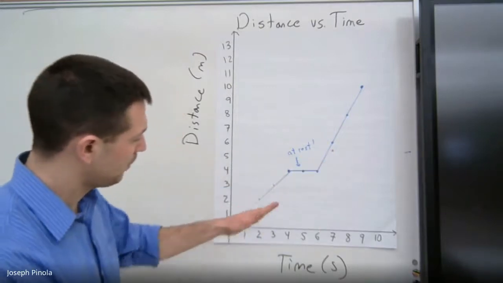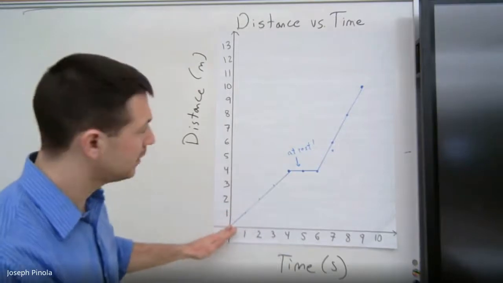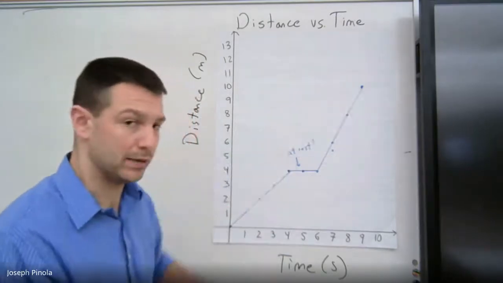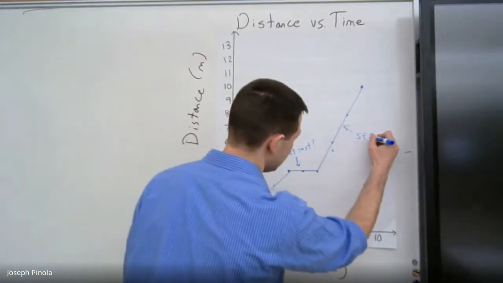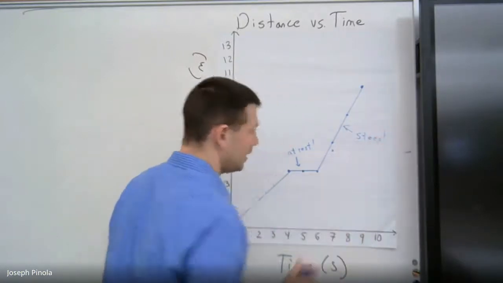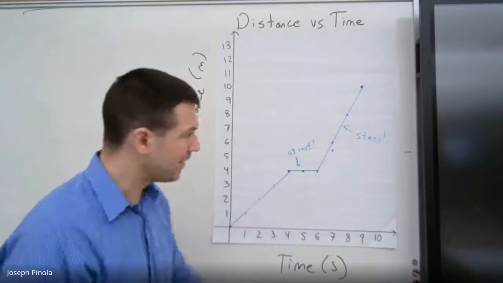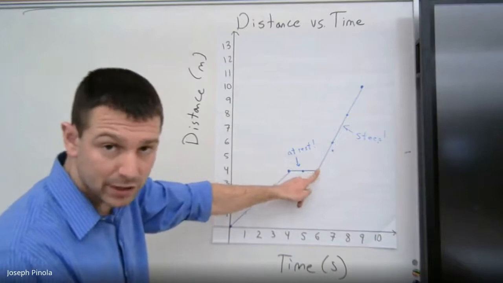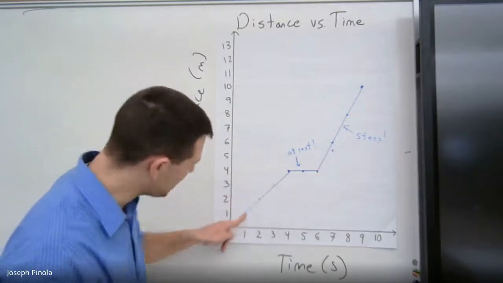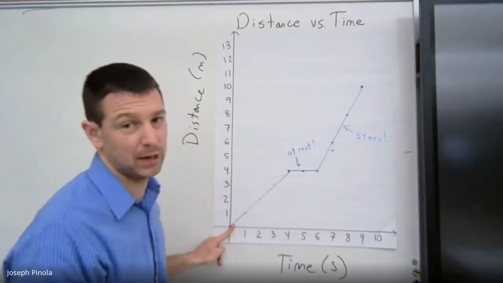Notice the slope at the beginning of the man's movement compared to at the end of the man's movement. This line at the end is very steep. It has a big slope, and that means the man was moving at a fast, constant speed at the end of the problem. And he was moving at a slower constant speed at the beginning of the problem.